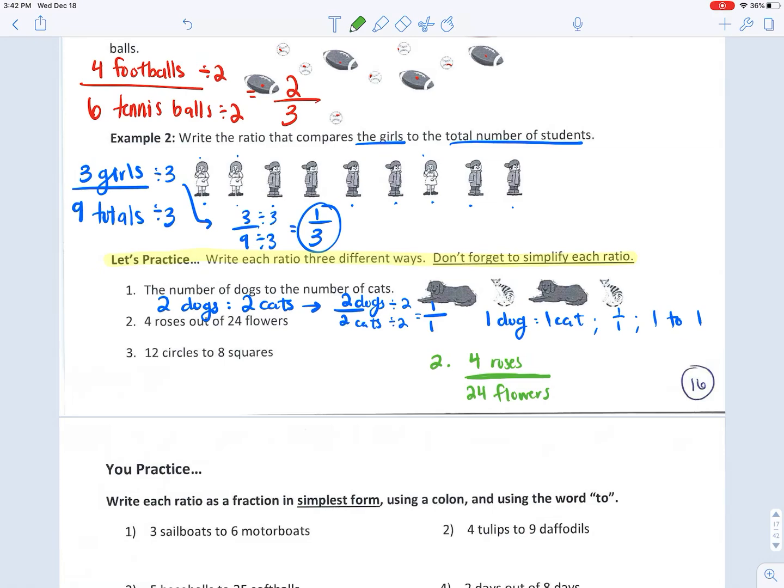If you think about that for a second, hopefully you come to the same conclusion that I can divide the numerator and the denominator by 4. So I get 1 rose to 6 flowers. So now I'm going to write my ratios. 1 over 6, 1 colon 6, and 1 to 6.